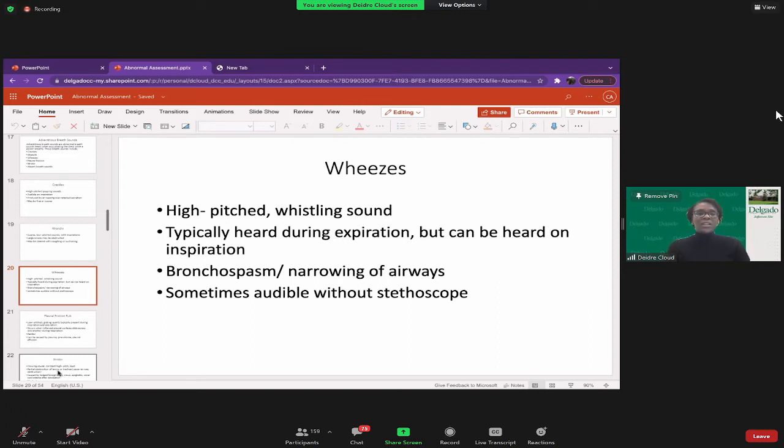High pitched whistling sound. And it's typically heard during expiration. If you hear it with expiration and inspiration, that means that the narrowing has progressed and the bronchospasms are getting worse. So you need to prepare, this could become a medical emergency.